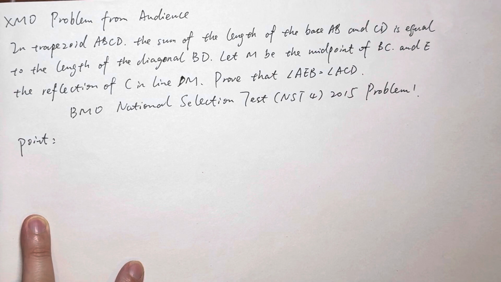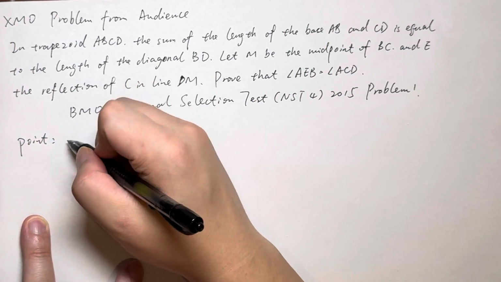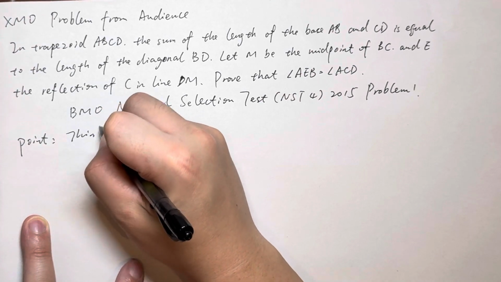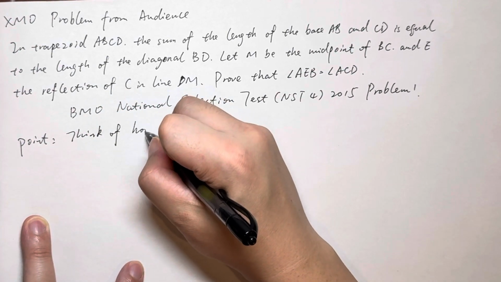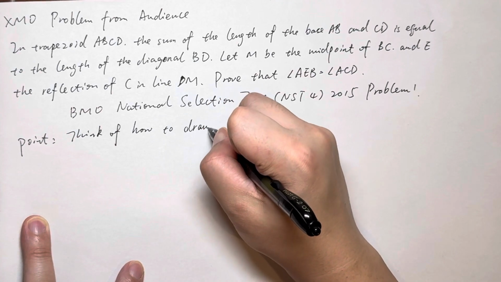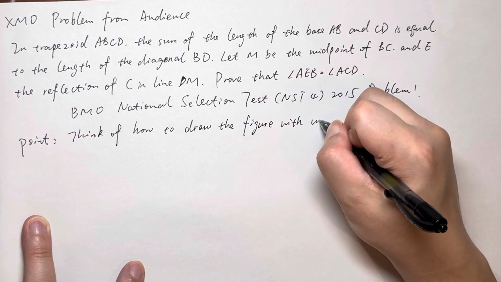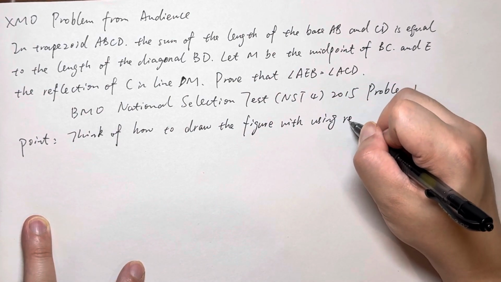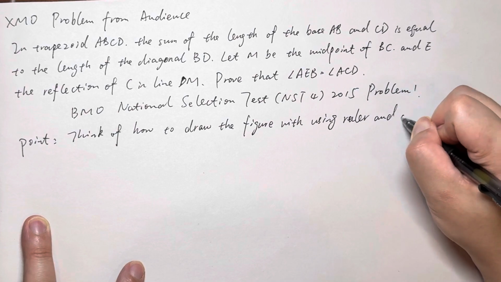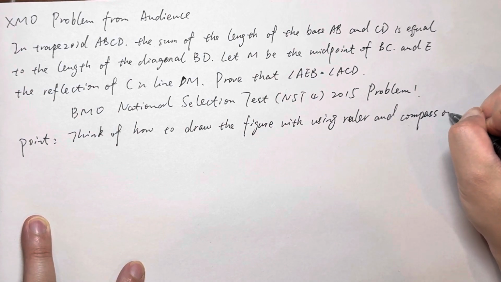that sometimes when we try to solve a difficult problem, we know that we have to find some auxiliary lines, but we just don't know how to make the auxiliary lines help us, right? The idea is that we can think of how to draw the figure using ruler and compass only.